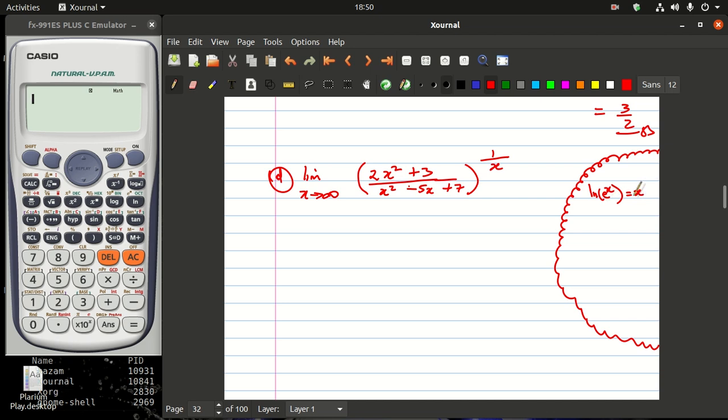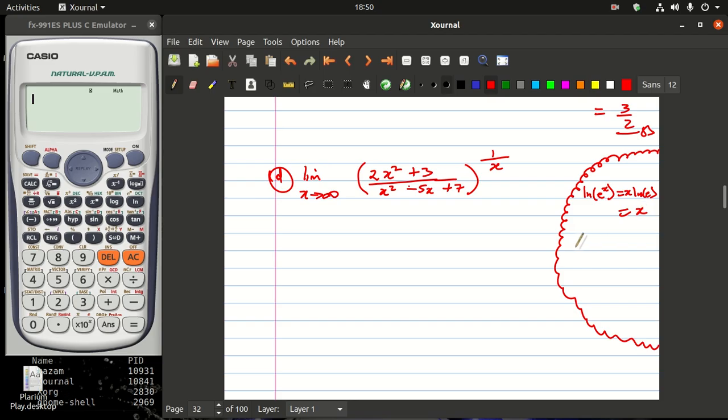So this is just saying that ln and e cancel each other. So we said ln of e to the power x, which will be just x ln of e, is just going to be x, because ln e is 1. In other words, ln and e cancel out, so that this exponent is just there.